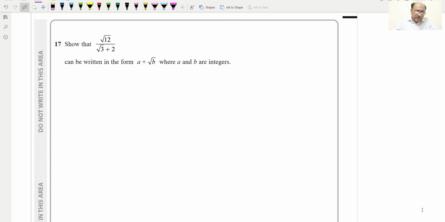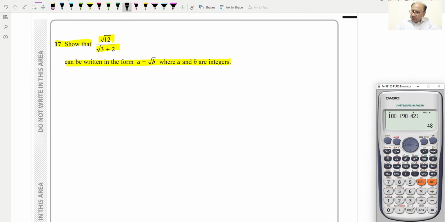Now question number 17, rationalization question. We have to get rid of the root in the denominator. So the easiest way is by the help of calculator, but we have to show the complete work. I'm just telling you how we can do it easily.